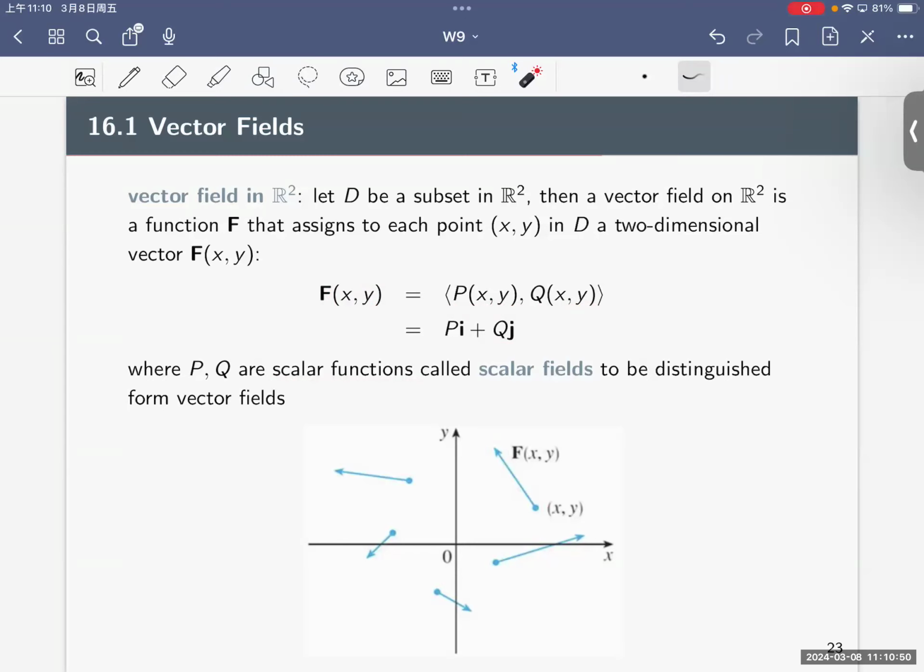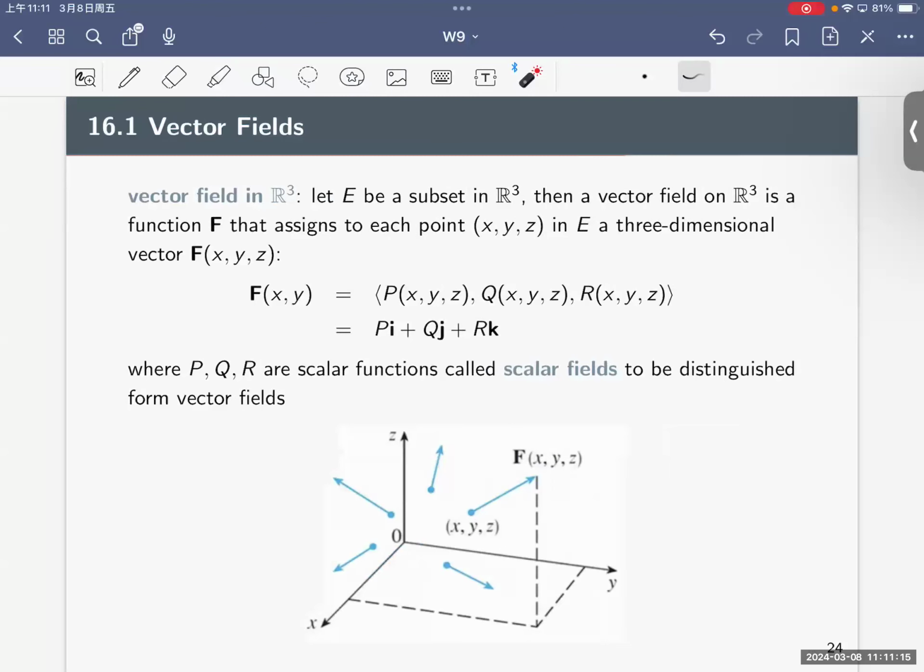In the graph, the vector field will look like this. At each point, there is a vector. You will see a lot of representative vectors at selected points. This is the 2D vector field.